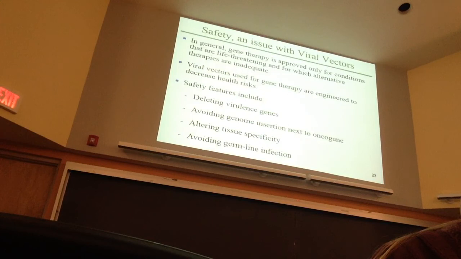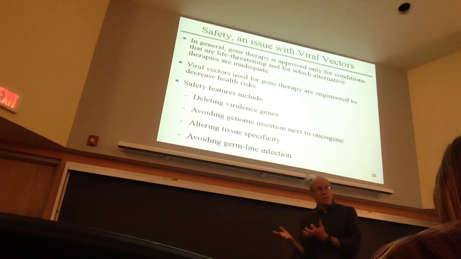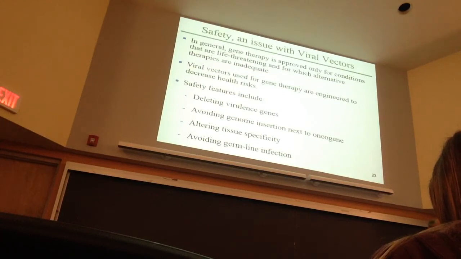Viruses can cause cancer, but our own genes can cause cancer. So oncogenes are these genes that are either defective or under some conditions are expressed and cause cancer. And so you don't want to mess with the oncogenes. You don't want to have an insertion near an oncogene that then can activate it.